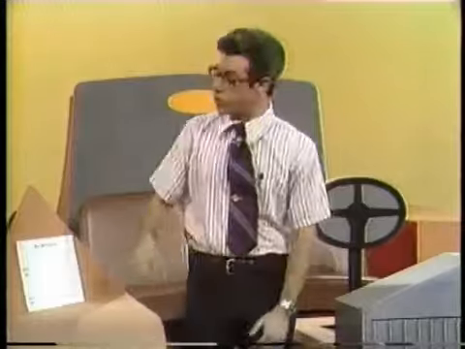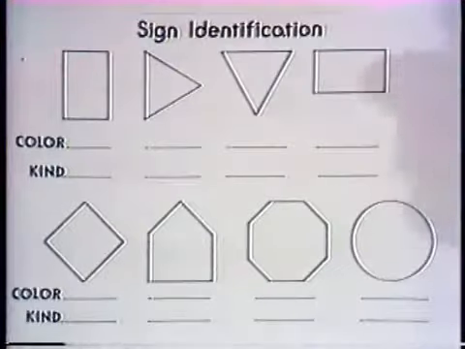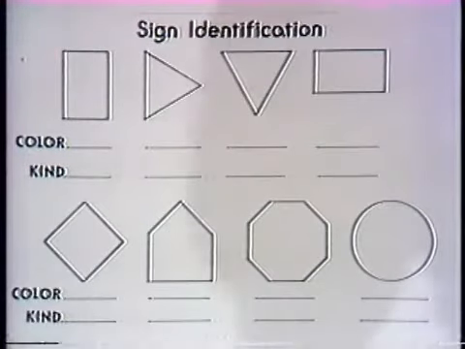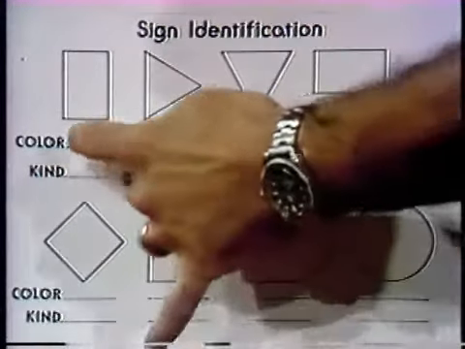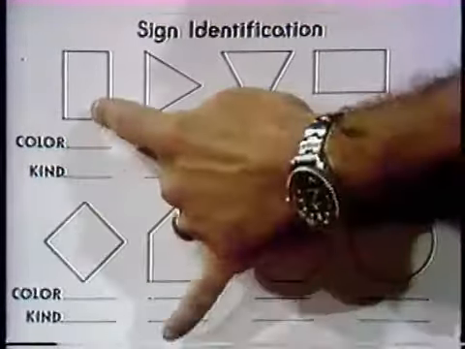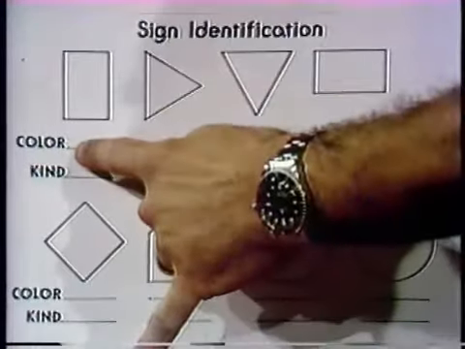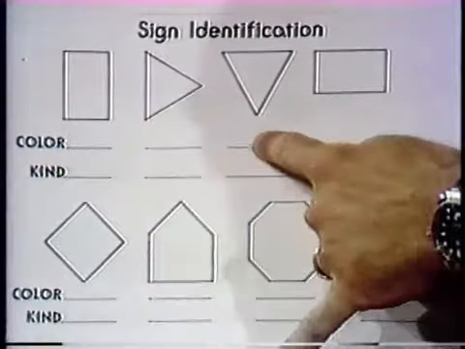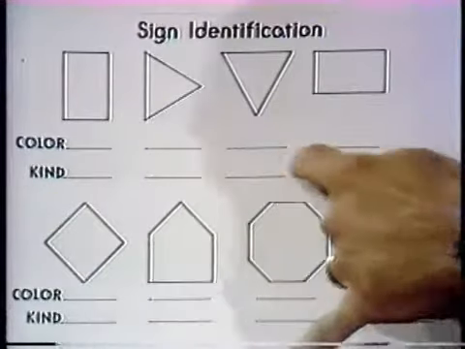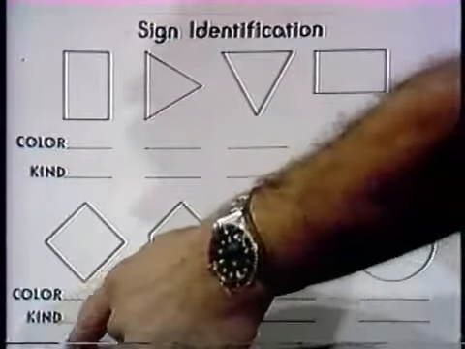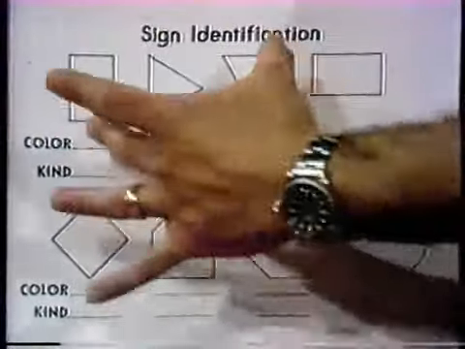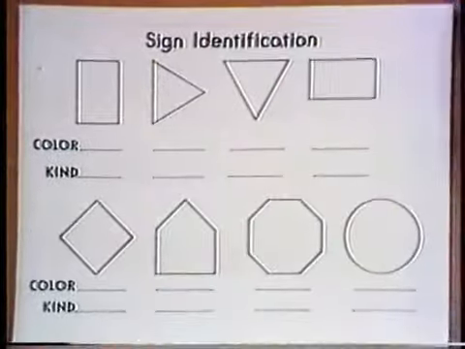And third, we want you to remove this page from your syllabus, and on this page we want you to label each of these signs and indicate what color they are and what kind of sign they are, whether they're regulatory, warning, or whatever. Again, color and kind for all 8 shapes.